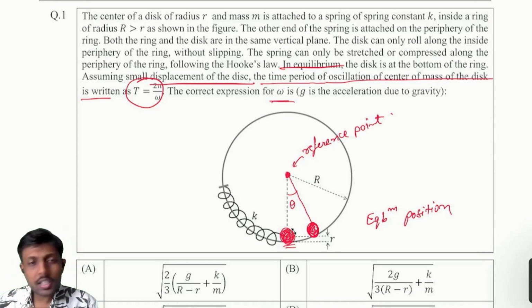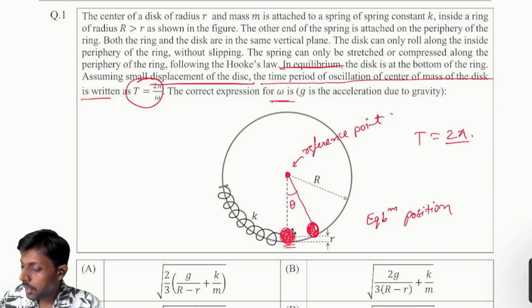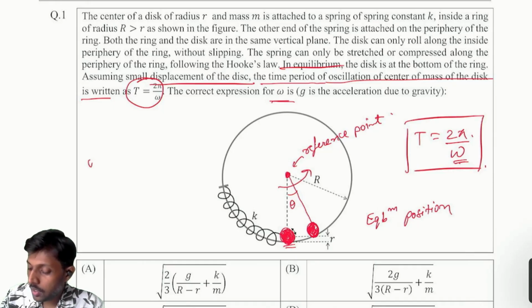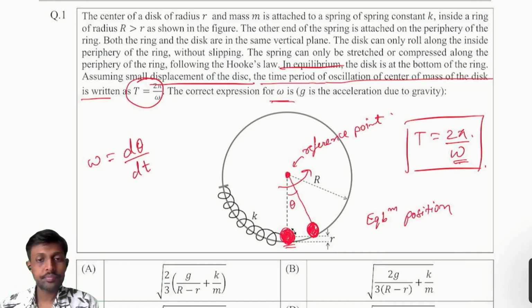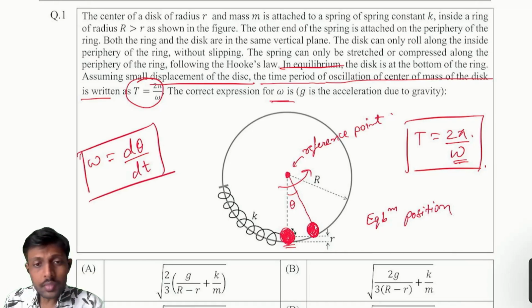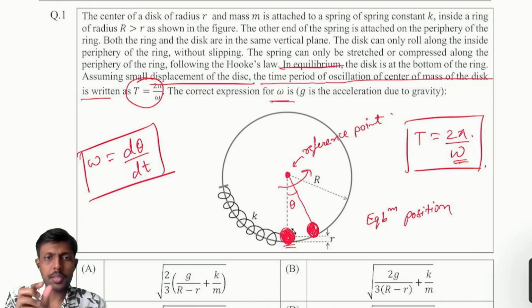A small displacement of theta has happened, and the time period is given as 2 pi by omega. So when this theta is changing, this omega is basically d theta by dt. So this is one thing to note. We have to find the correct expression for omega. That means what is the angular velocity of this disk as it is moving along the periphery of the ring.